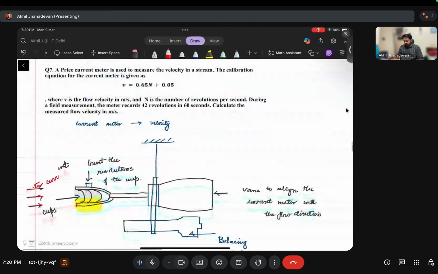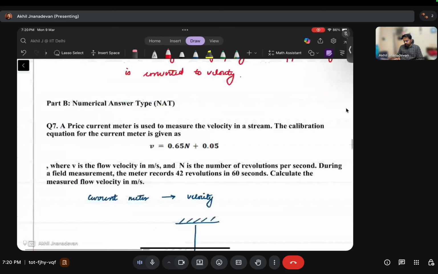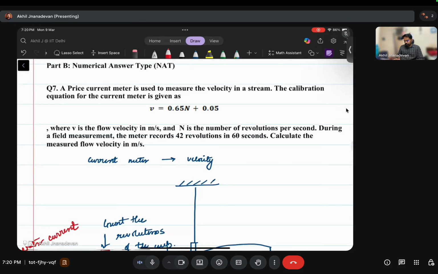So in this question, a Price current meter is used to measure the velocity. The calibration equation is already given, where n is the number of rotations per second. The velocity in meters per second has to be found if during a field measurement there were 42 revolutions in 60 seconds.